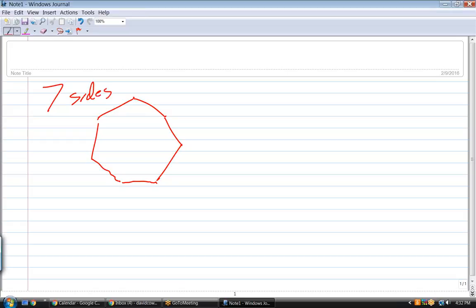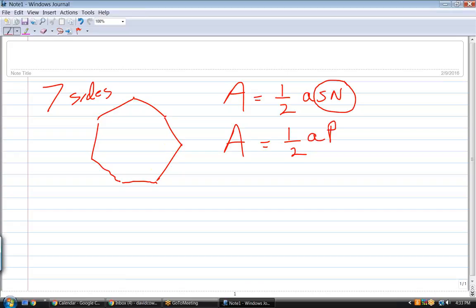What's the general equation for the area of a regular polygon? A equals 1/2 ASN. N. Okay, what's another formula for it? I don't know. That's the only one I really use for it. But S times N is the perimeter. In other words, S is the side length times the number of sides gives you the perimeter.